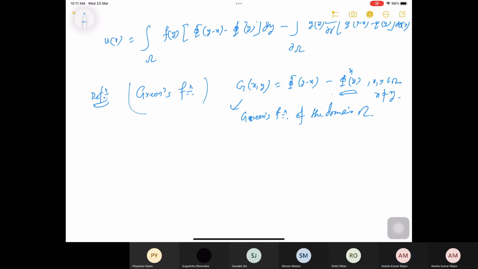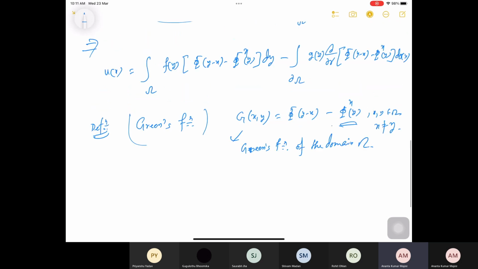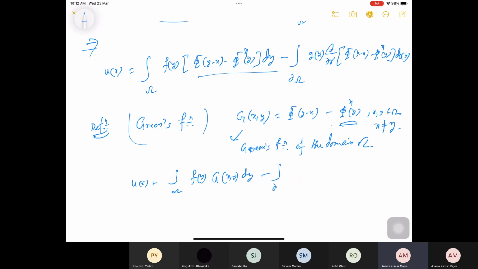If I replace it here, u of x equals the integral over omega of f of y times G(x,y) dy, minus the integral over the boundary of g of y times the normal derivative of G(x,y) d sigma y.